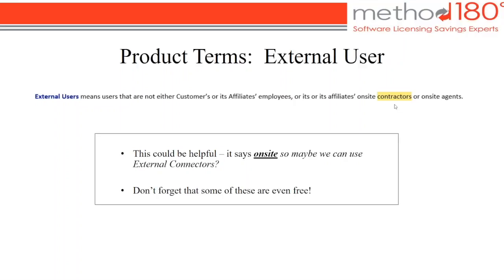That's why this becomes so powerful once you really dive in and look at these things, because it gives you the opportunity to look at where we can exempt and where we can pull out some of these costs. That's why these external connectors become very powerful if we can get our contractors exempt from that qualified employee definition. Okay.